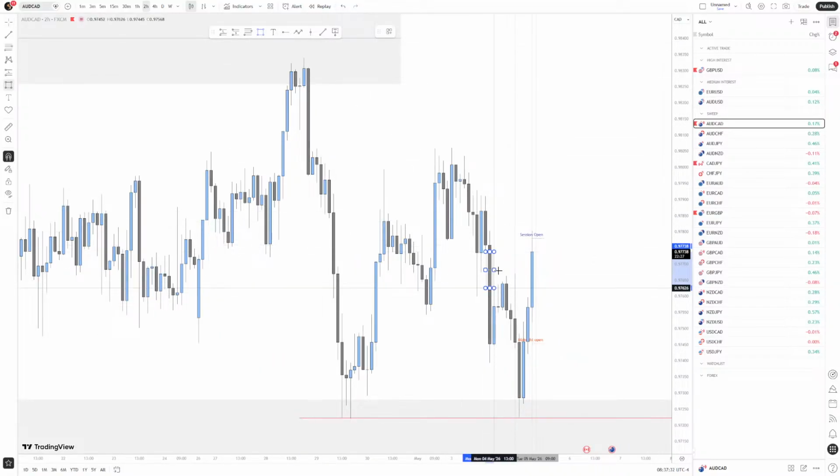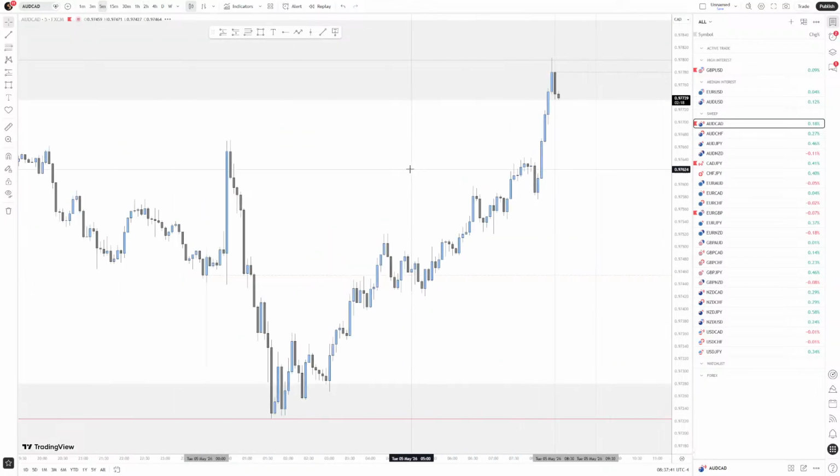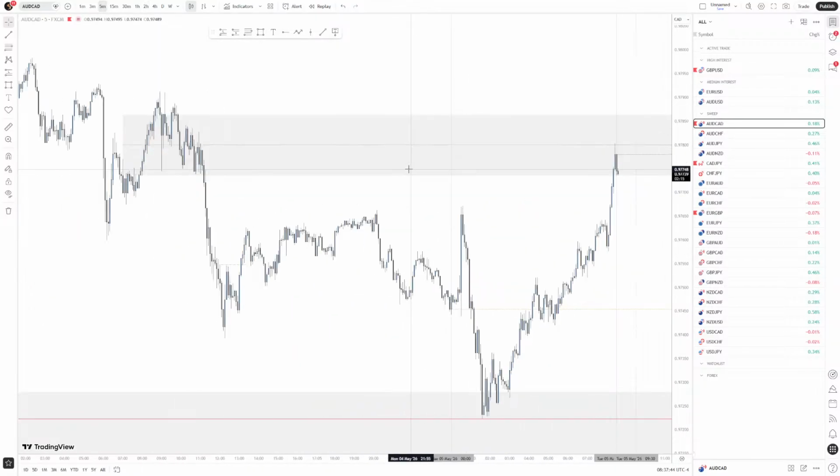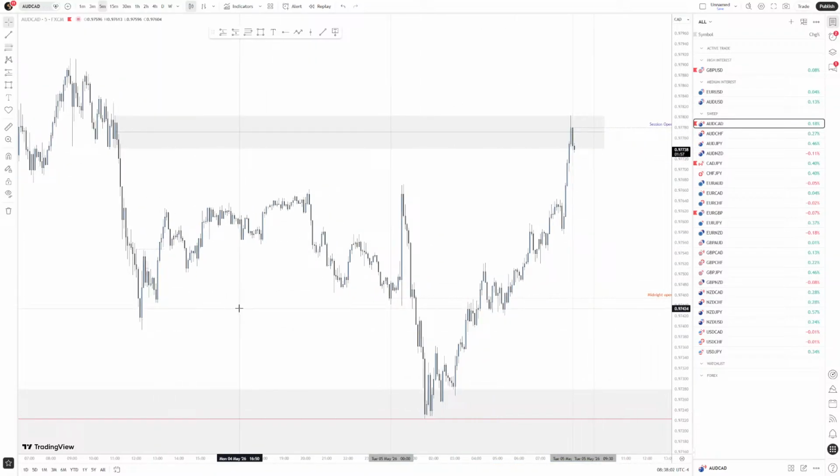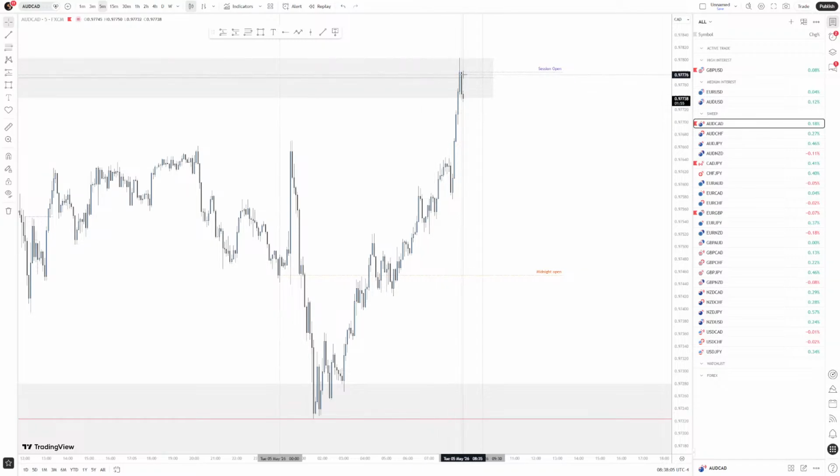Okay, so we fulfilled... see if we can. Say this is the proper fair value gap, which we pulled right into.